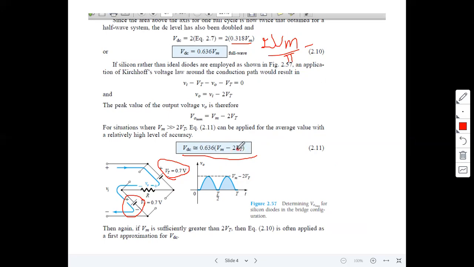The value of this voltage is 0.7 volt for silicon diode and 0.3 for germanium diode.